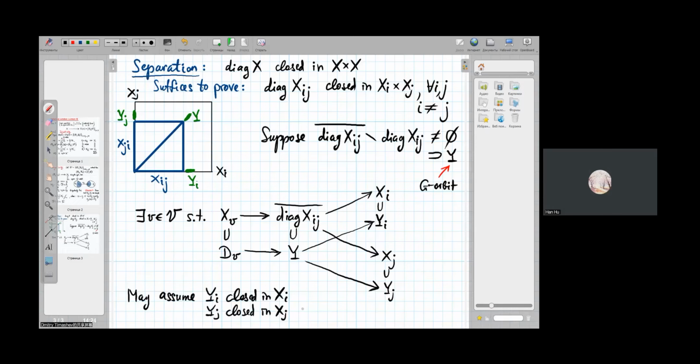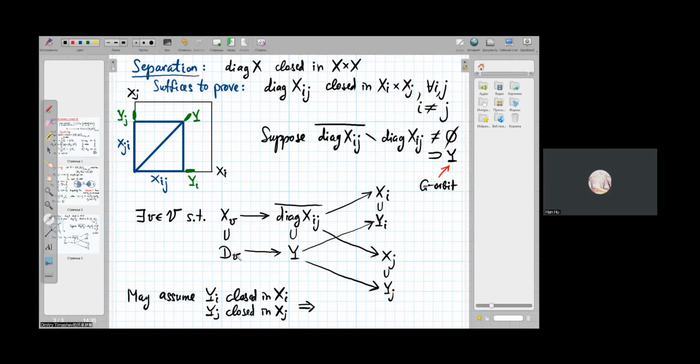But then again, by the properties of elementary embeddings and morphisms from elementary embeddings to spherical varieties, we consider the morphism from Xv to here, the composite of these two, and the morphism from Xv to here, the composite of these two. And we have that the boundary divisor Dv of this elementary simple variety maps here onto this orbit, and here it maps onto this orbit.